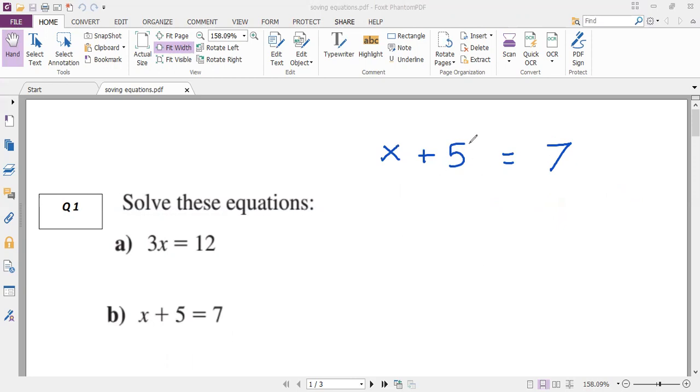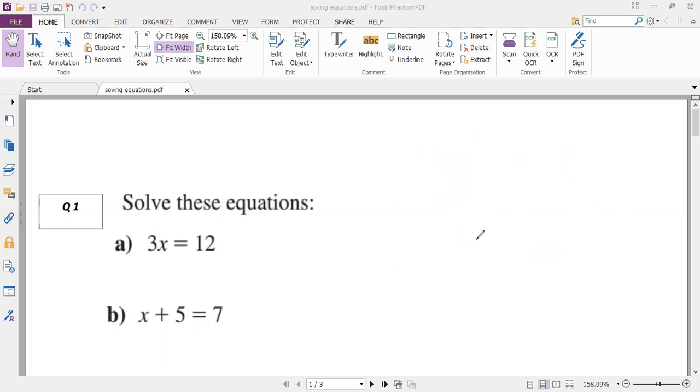How can we eliminate this 5? If we subtract 5 from both sides, minus 5 and minus 5, so x plus 5 minus 5, the 5 and 5 are going to be cancelled. So you are left with x in the left hand side and the right hand side 7 minus 5, which is 2.